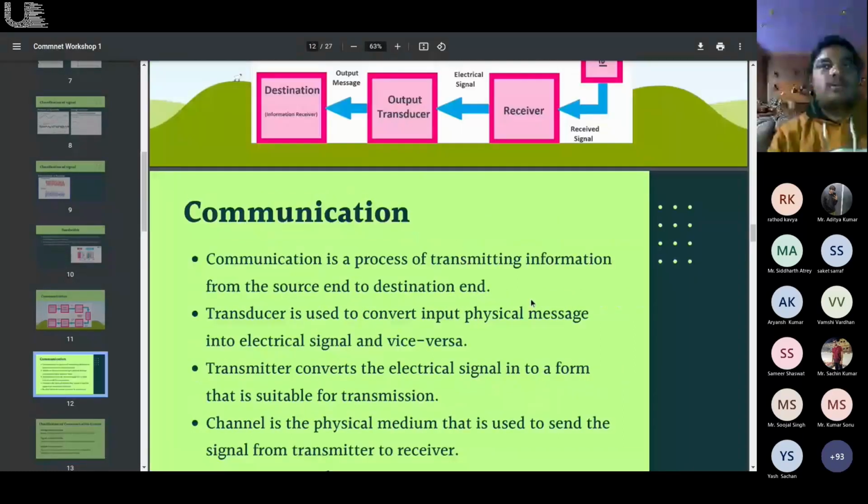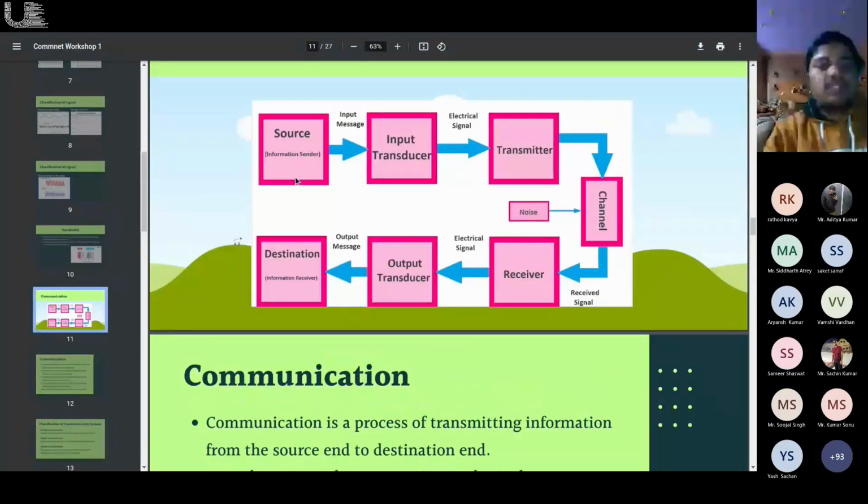Let's see. Let's say the source is me right now. I'm producing a sound signal. The sound produced by me is converted into an electrical signal, and that is also analog.